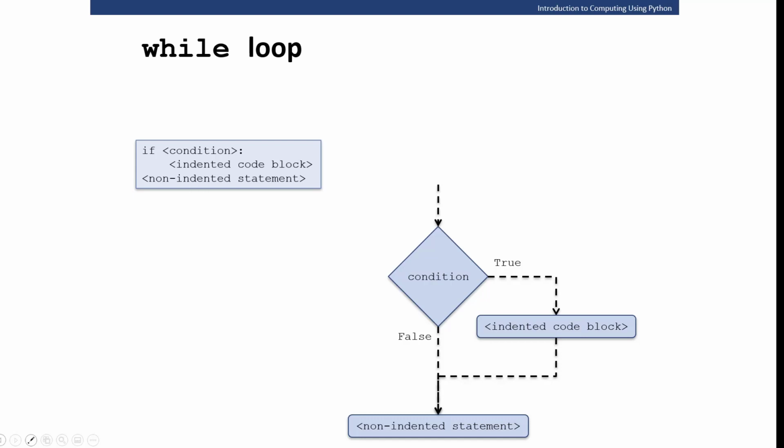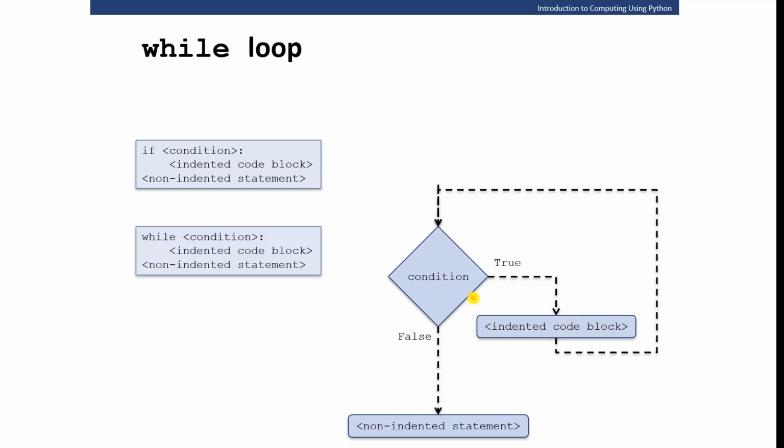So in the if statement, what are we doing? We are checking if the condition is true and executing the indented code block one time, and then we're moving to the non-indented statement. But with the while, we're going to repeat the indented code block as long as the condition is true.